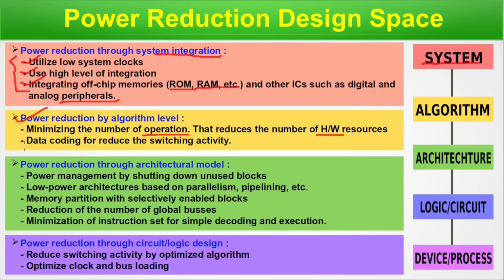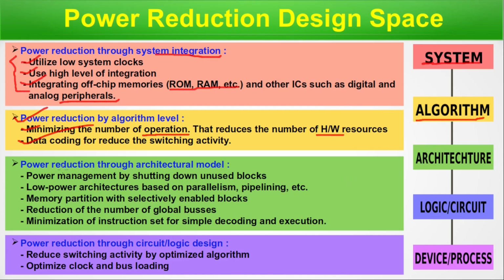We have seen that switching activity contributes to dynamic power dissipation. So if we can reduce switching activity by the data coding method, the related dynamic power dissipation will be less. Minimizing the number of operations and data coding to reduce switching activity can be done at algorithm level.